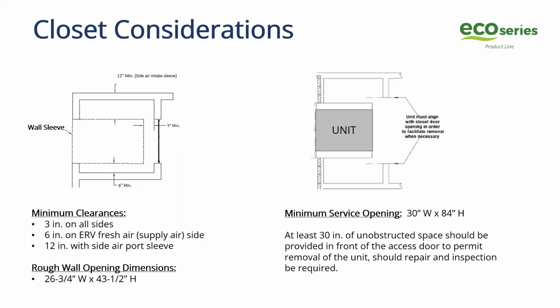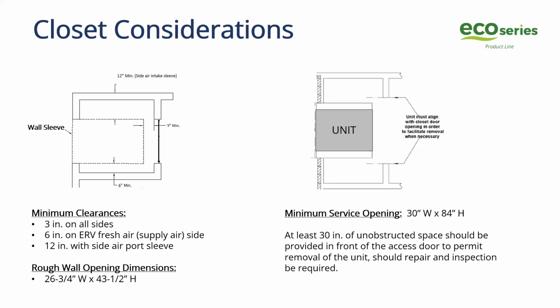For the inside, for the closet clearances, for the Fresh Pack unit, which is what we're going to be talking about with the ERV, you need a minimum of 3 inches on all sides, except for the side where the fresh air intake is coming in. And on that side, you need a 6-inch clearance between the closet wall and the unit. And the rough dimensions for the wall opening are 26 by 43.